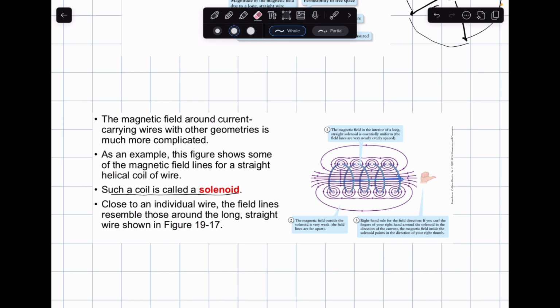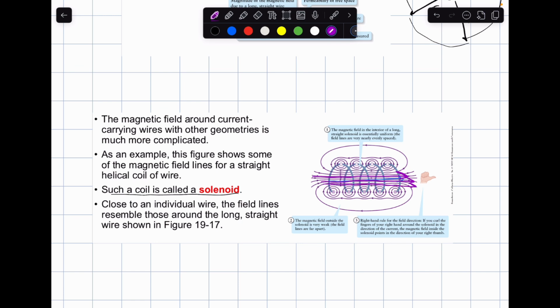And that's because when you curl that wire around like this, if you take your thumb and follow along the current direction and use your thumb to trace that curvature, you're going to find that your fingers are always going to be sweeping, when you're inside of the wire, in this motion, okay?